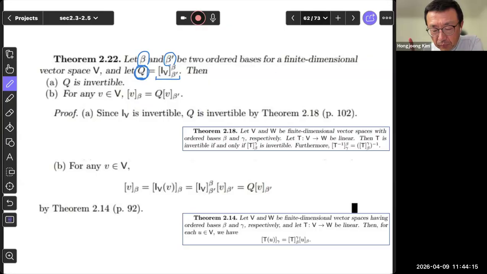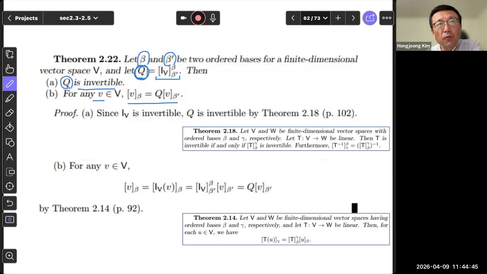Then the first claim here is that Q will still be invertible. But this is trivial because the identity mapping is an invertible transformation. So Q, the corresponding matrix, must be invertible.